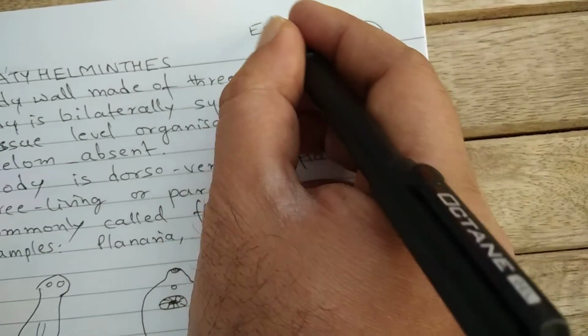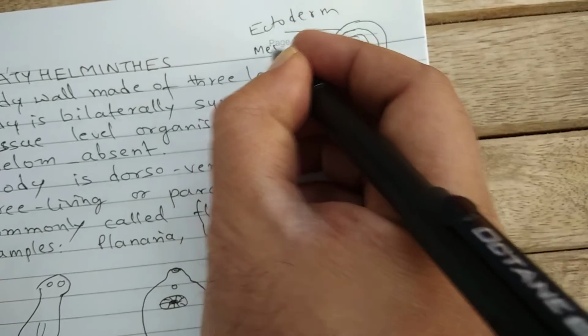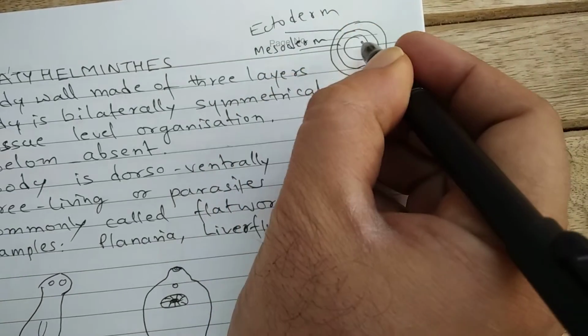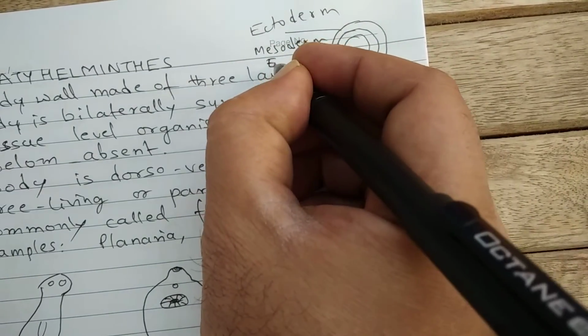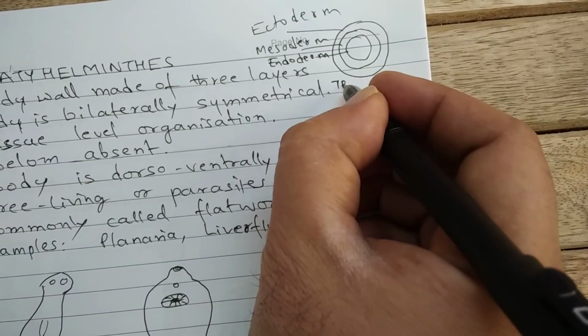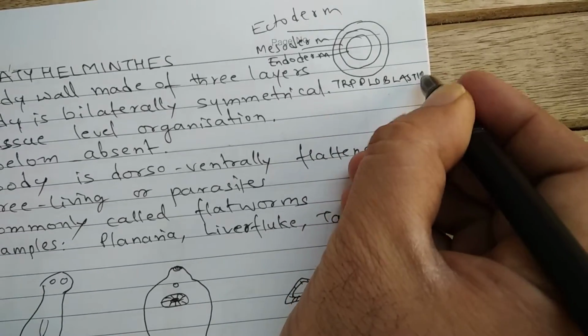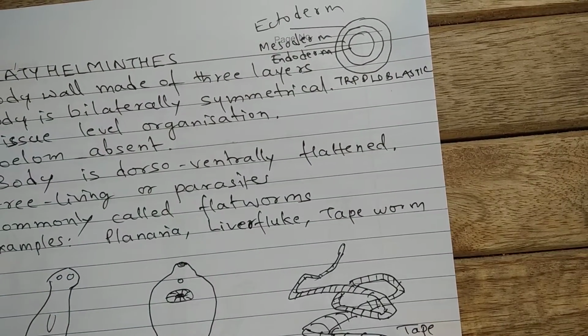This is called ectoderm, this is called mesoderm, and this is called endoderm, and now these are called triploblastic. So this is the development.